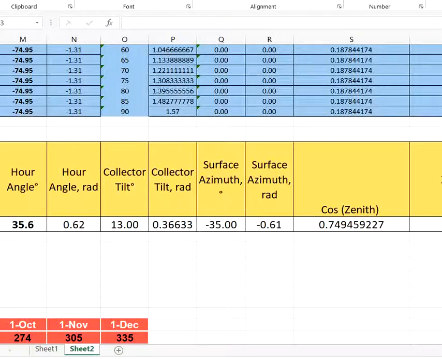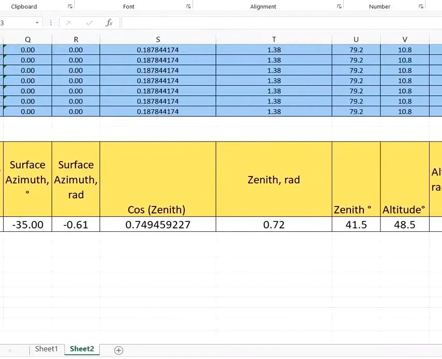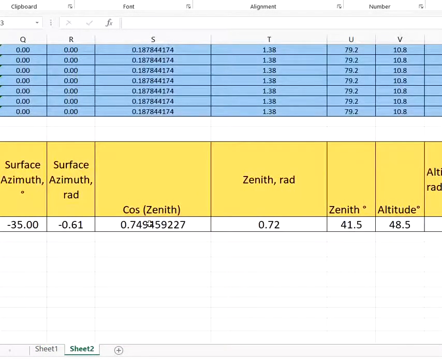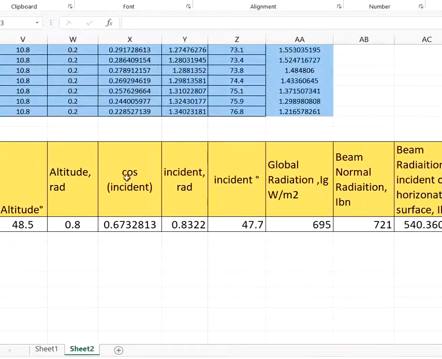Using this data, you can find cos theta z, the cosine of the zenith angle. Then you can find cos theta, the incident angle. Global radiation is given as 695. Beam normal IBN is 721.